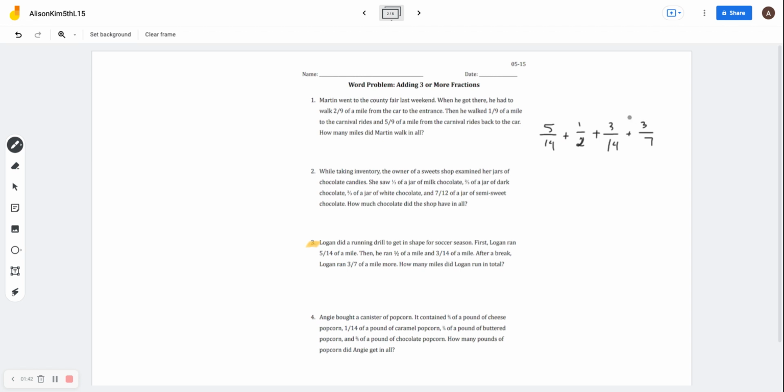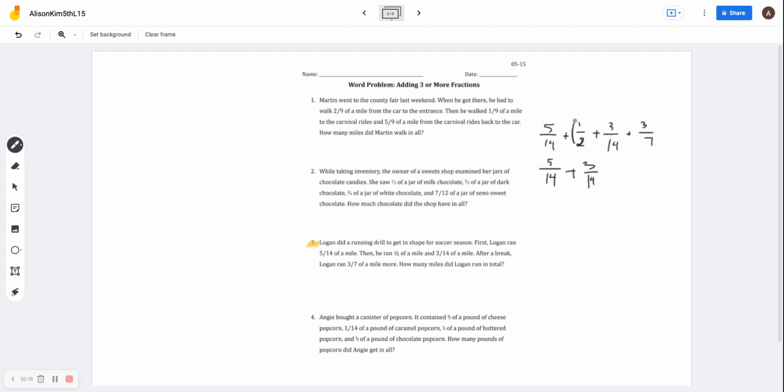And the first thing that we notice here is that the denominators are not the same. So we want them to have the same denominator. And we know that the LCD would be 14 because 2, 14, and 7 all go into 14. So for the 5/14 and the 3/14, we'll leave them alone. So let's just bring them down. But for the half and the 3/7, we're going to have to multiply to get to 14.